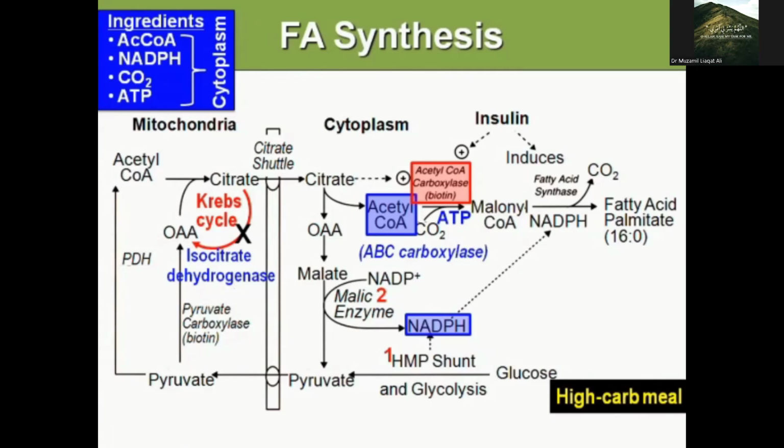The regulation point is ACC, which is activated by citrate, that is a high energy signal, and inhibited by palmitoyl CoA, the end product feedback, and AMPK, the low energy state. So acetyl CoA plus carbon dioxide leads to formation of malonyl CoA with ACC in the middle, right? So malonyl CoA is a 3-carbon molecule that will donate 2 carbons to the growing chain, losing the carbon dioxide later.